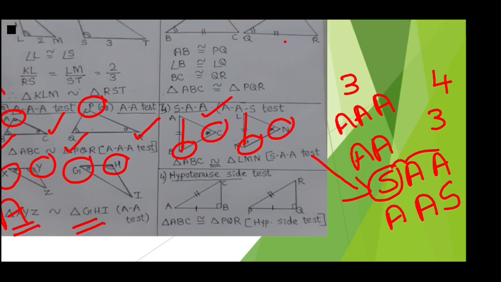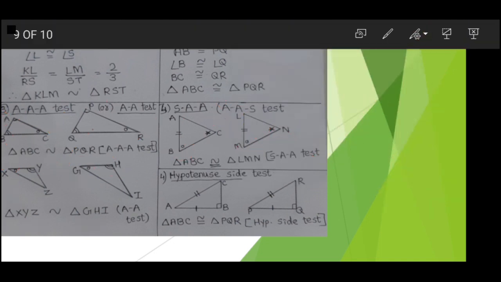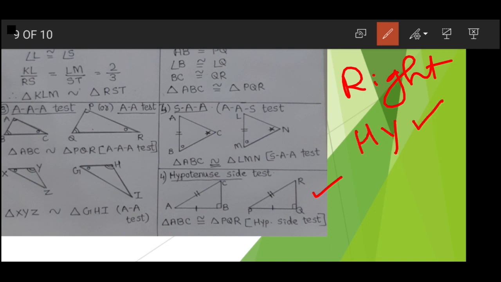Now coming to the next part, that is the hypotenuse side test. Children, this is applicable only in a right angled triangle. The first condition is that the hypotenuse should be congruent and any one side can be congruent.